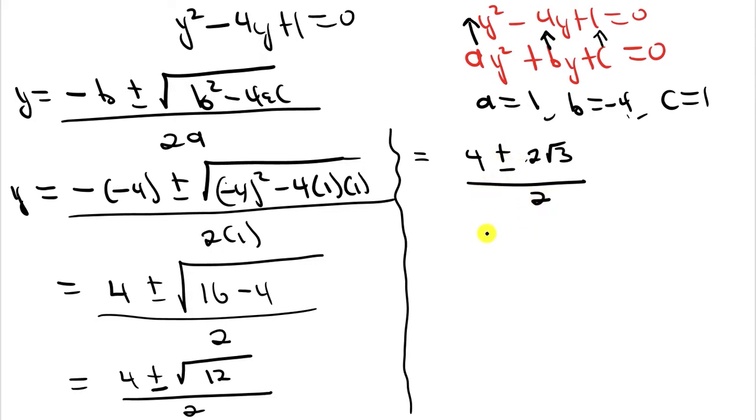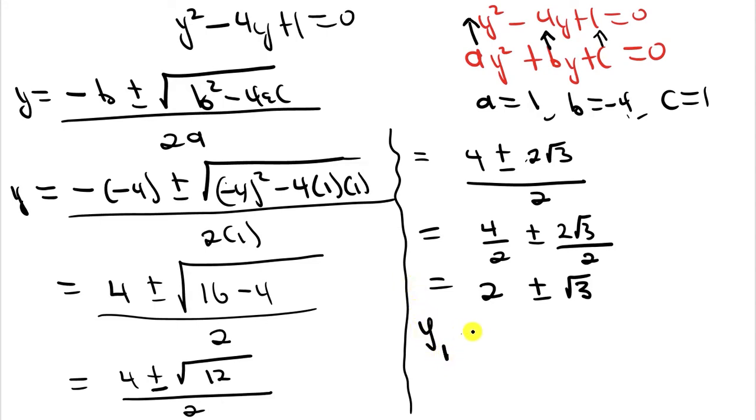Simplifying further, this gives 4 over 2 plus or minus 2 root 3 over 2, which is 2 plus or minus root 3. The question said we should leave our answer in surd form. So one y value is 2 plus root 3, and the second value, y2, is 2 minus root 3.